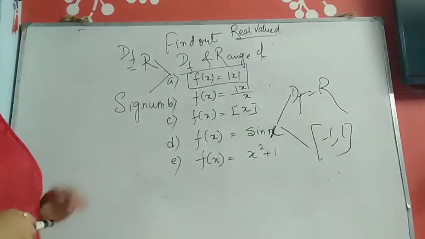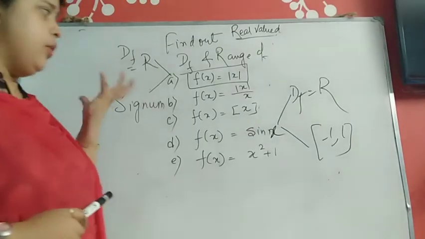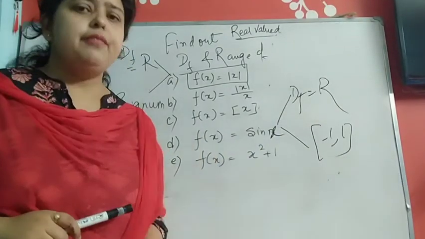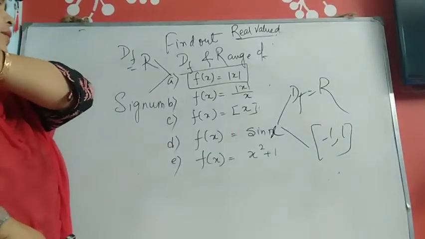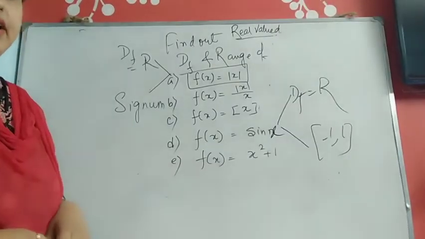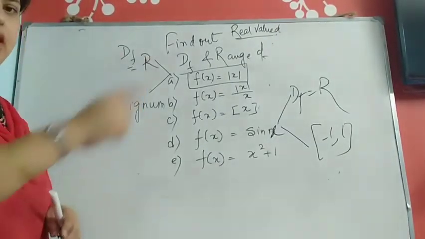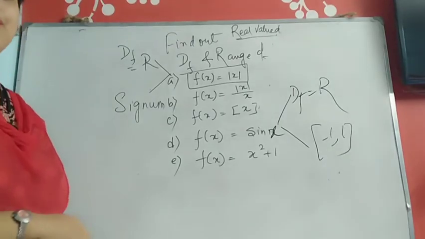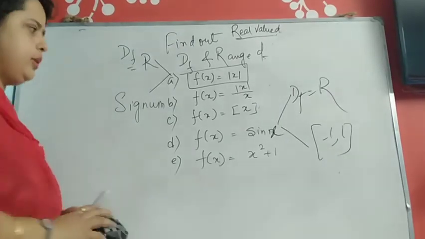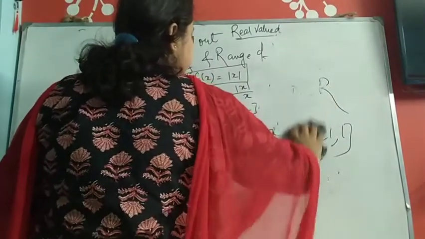Understood? So whatever the value of theta is here, we are always getting the highest value of 1 and the lowest value of -1. Remember, child.